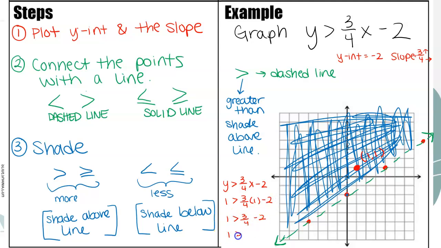I would have 1 is greater than negative 1.25, I think is what it ends up being. And 1 is in fact greater than that. I could test all of the points in there, but I don't really want to do that. So I'm just trusting my shading to represent the fact that any point in that blue region is a solution.